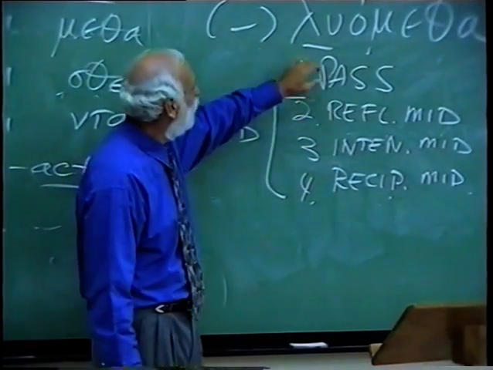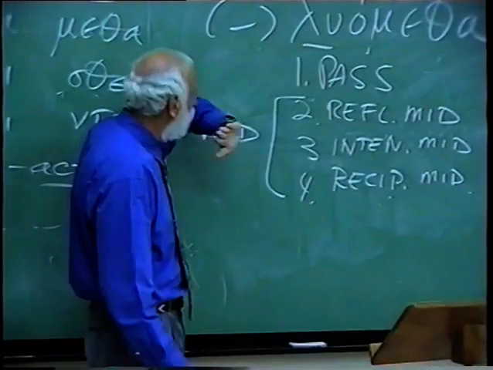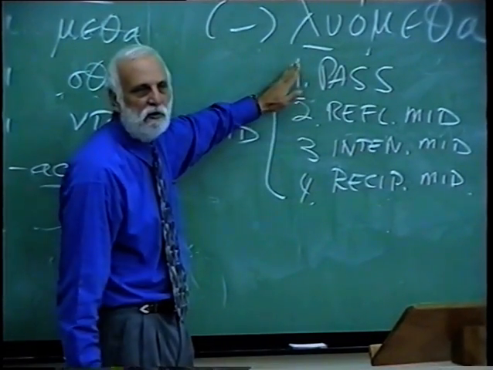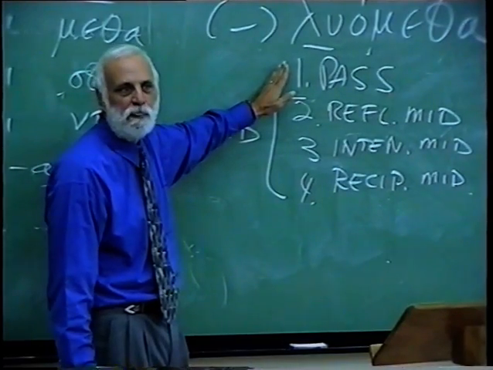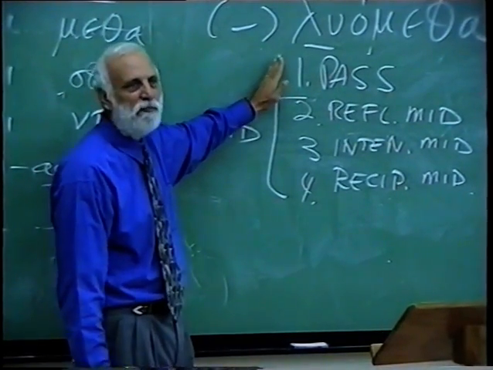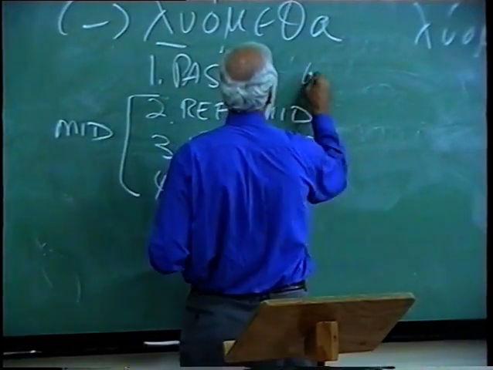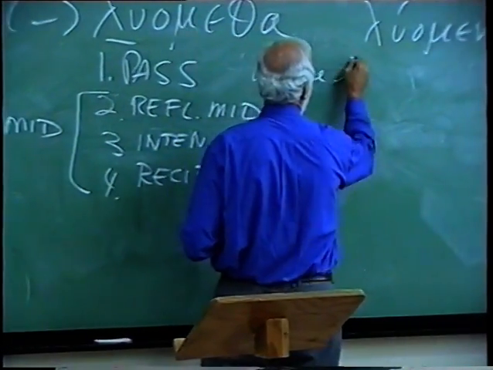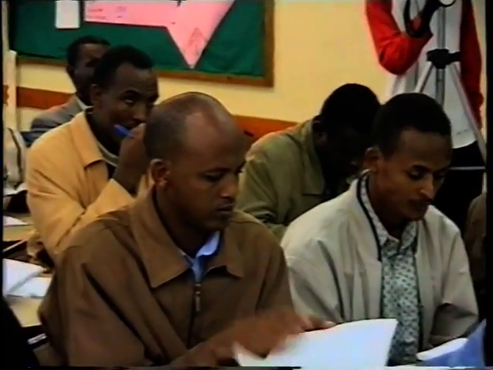So let me repeat. Luometha has four possible translations. Which one are you always going to start with? Why? Because by far it's the more common way of rendering it. Always start with the passive. So let's translate luometha as a passive. You might want to jot these down somewhere. We are being loosed. Good.